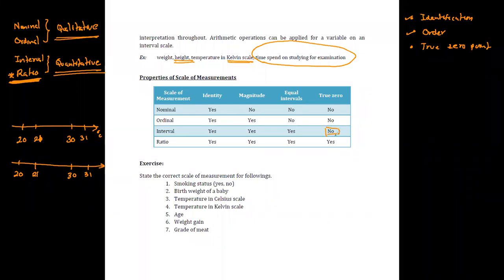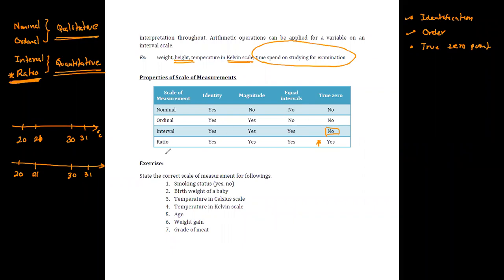Based on the existence or absence of a true 0 point, we identify the ratio and the interval scales. Therefore, for the ratio scale of measurement, we have an identity, a magnitude, equal intervals, and, as the next important thing, a true 0 point.